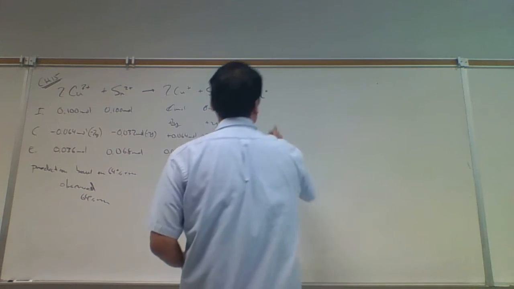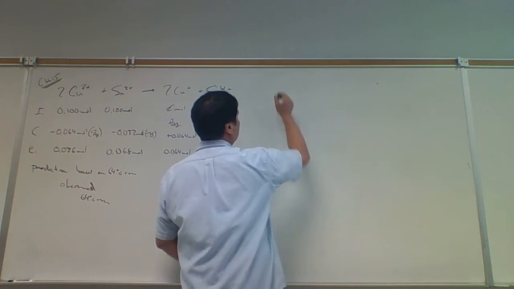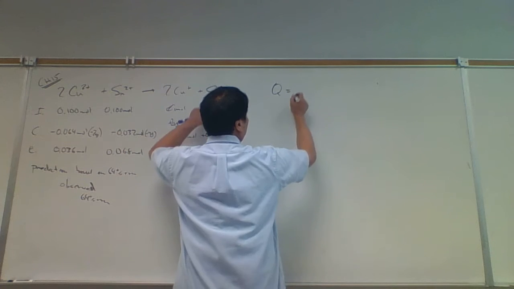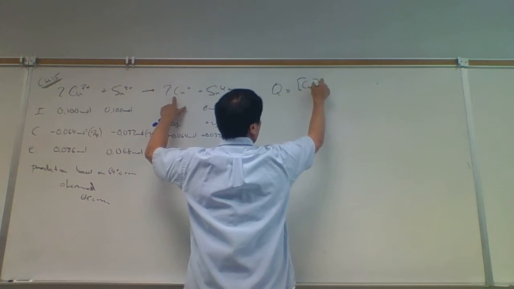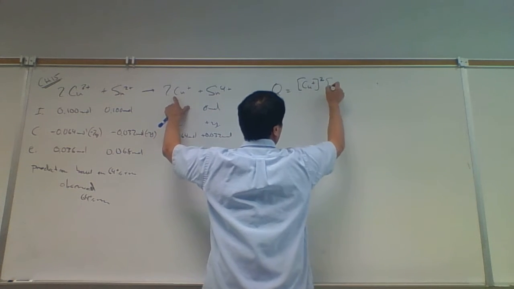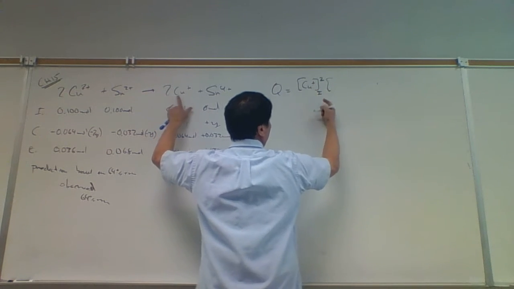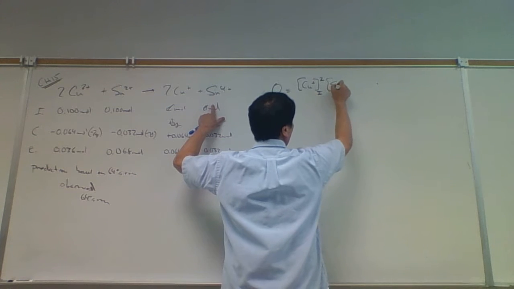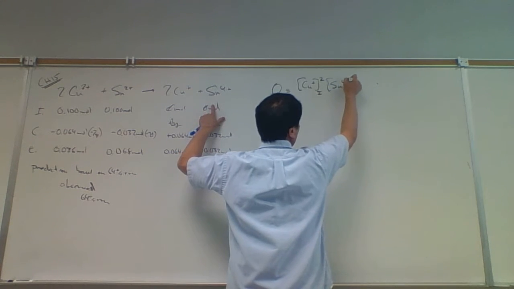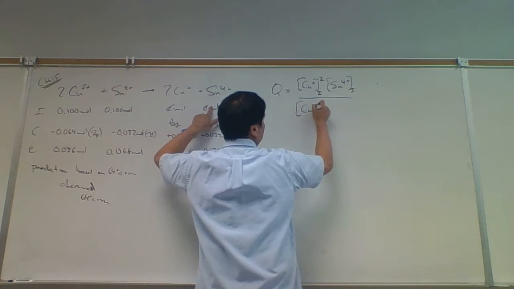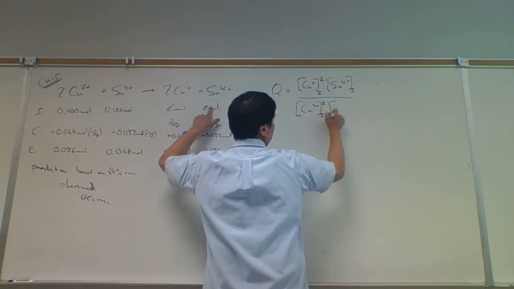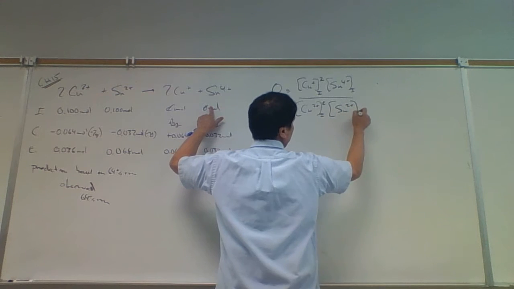And so here we come up with the patterns. Q can be anything, but Q is just going to be your initial. So this would be the products, copper 2 raised to their coefficient, that would be squared. To make sure it's initial, we write an I there. Tin 4, initial, raised to the first. Copper 2 plus, initial, squared. Tin 2, initial.